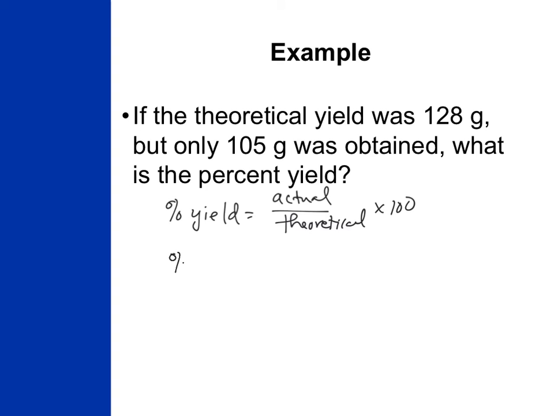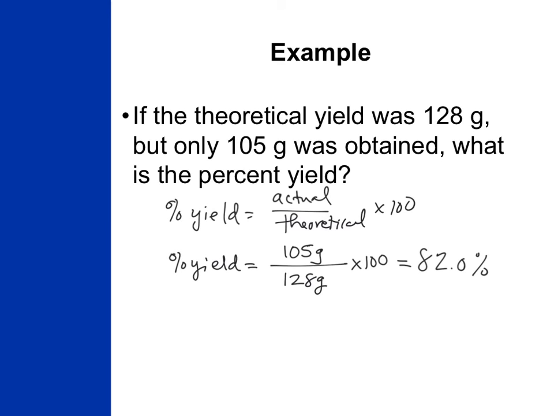So for our example, the percent yield is our actual yield, 105 grams, divided by our theoretical yield, 128 grams, times 100. So if we work this out, our percent yield is 82.0%.